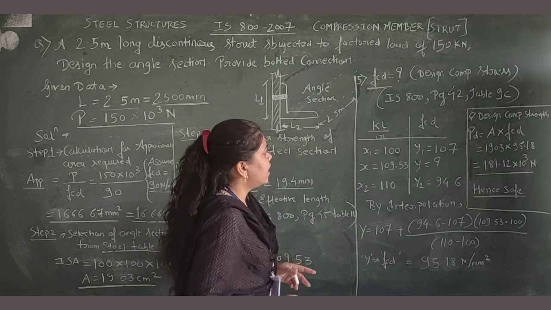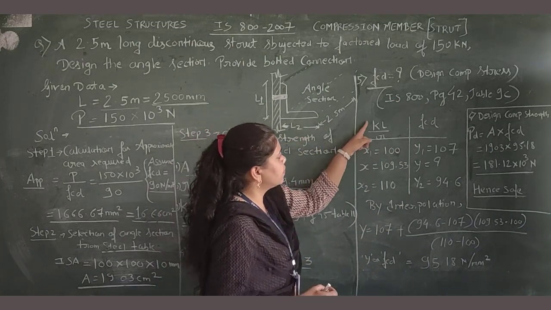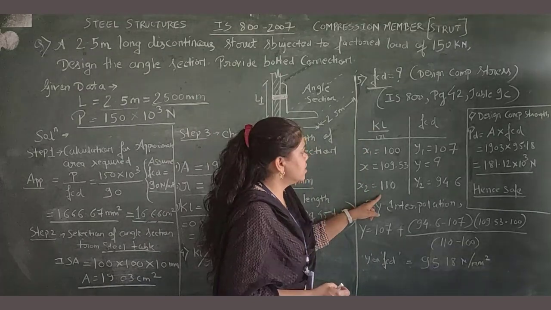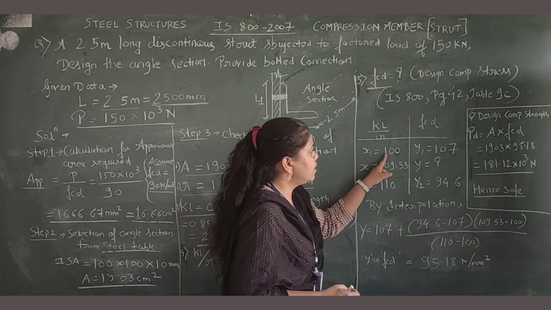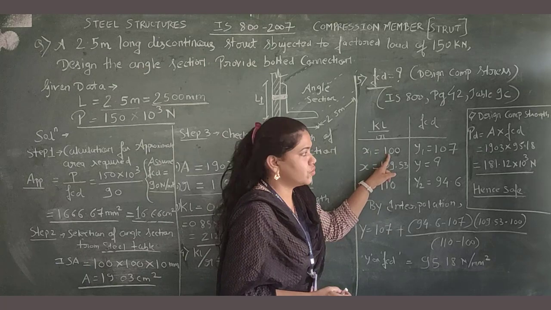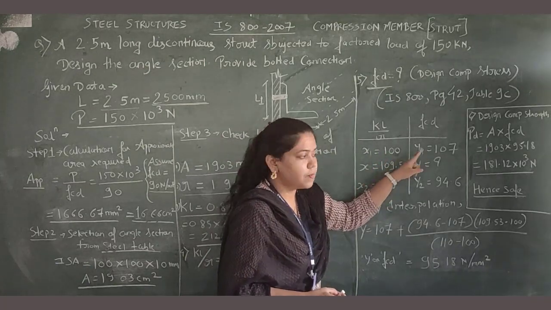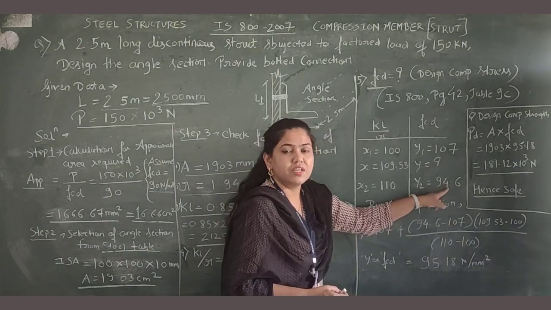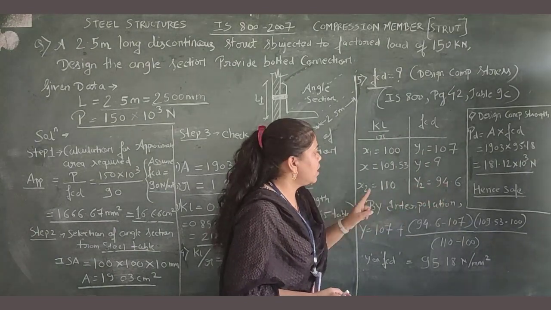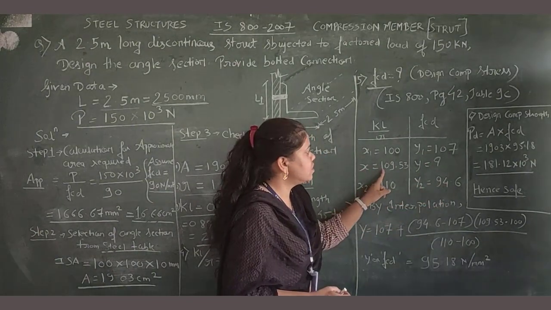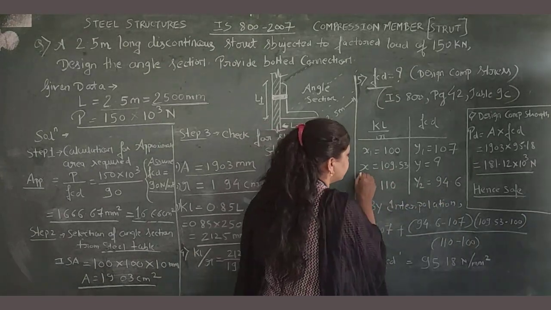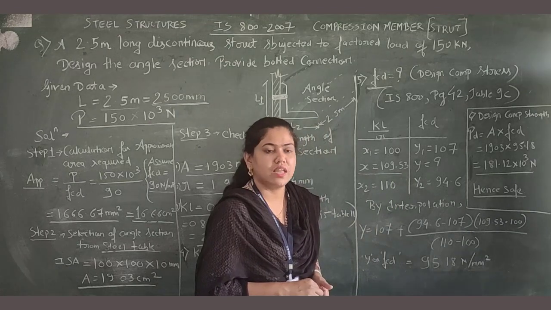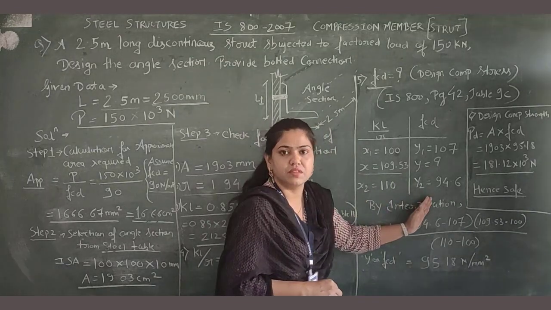From that table, I noted down the values of KL by r, because for a slenderness ratio of 100 the fcd value is given, and for 110 the fcd value is given. But here the KL by r ratio obtained is 109.53. So you have to calculate the fcd value by the interpolation method.